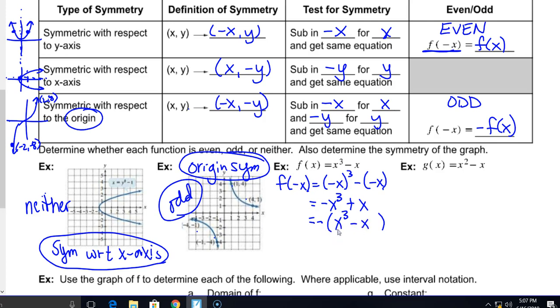Notice here I have the opposite of the original function. So I do have the opposite of f of x. Therefore, it is an odd function. So we are odd, and if it's an odd function, we are symmetric with respect to the origin.